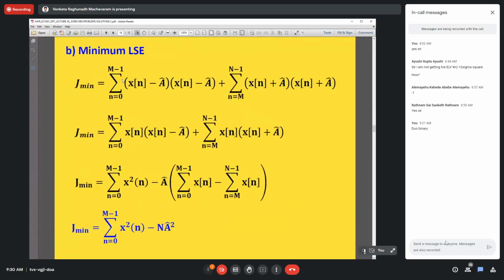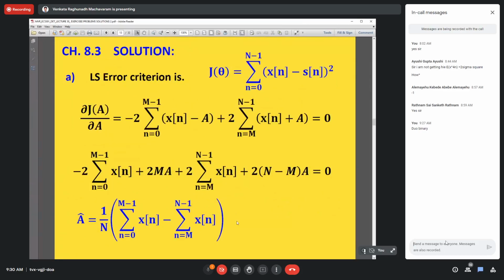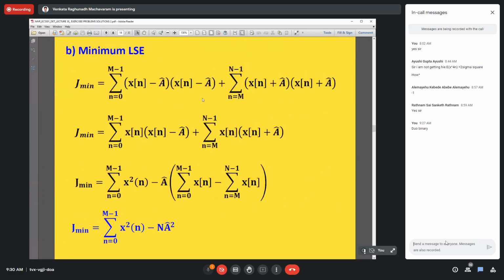So the minimum value, if I try to find out now: xn minus A hat, xn minus A hat, xn plus A hat, xn plus A hat. Solve this one.